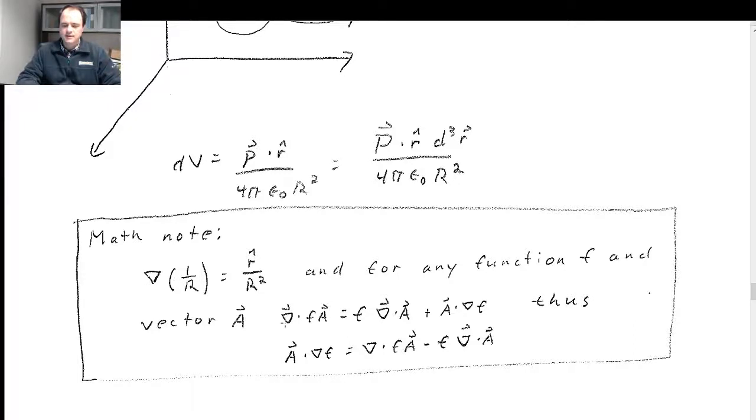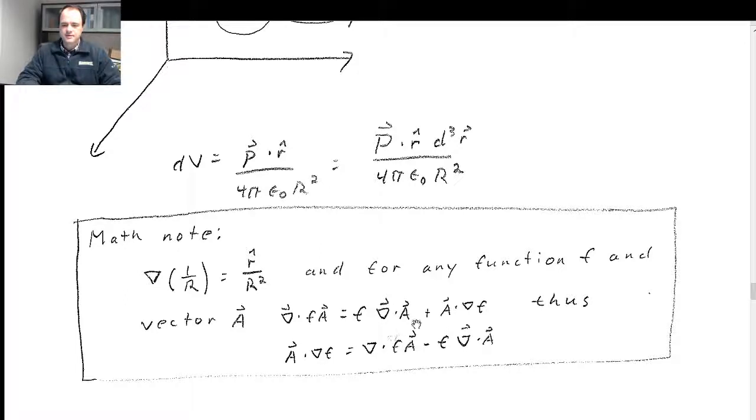Now, another identity is basically the product rule, where we have del dot of a function f times a vector a. You can do the del dot operation separately: you get f del dot a plus a dot del f.